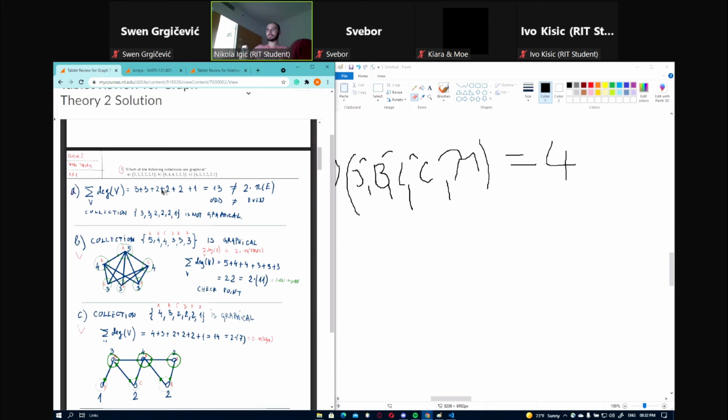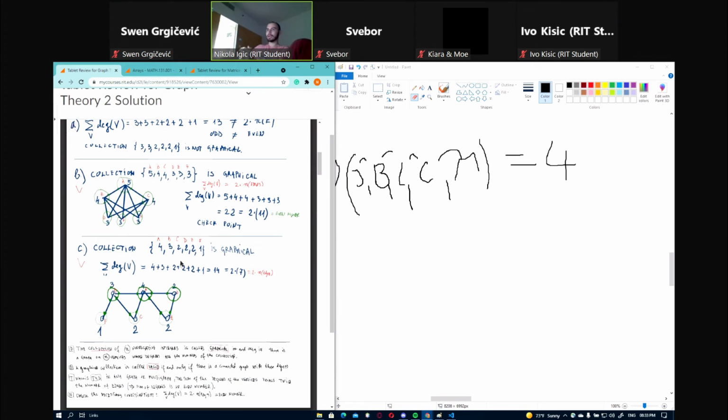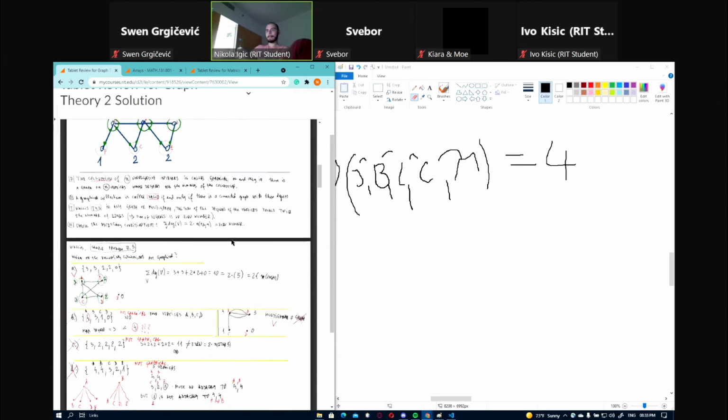Like 3 plus 3 plus 2 plus 2 plus 1, it's 13. It's not even, so it's not graphical. 5 plus 4 plus 4 plus 3 plus 3 plus 3, it's 22, which you can write as 2 times 11. It's graphical. And this also, how much is it? It's 14. You can write 2 times something. It's graphical. It's pretty easy.